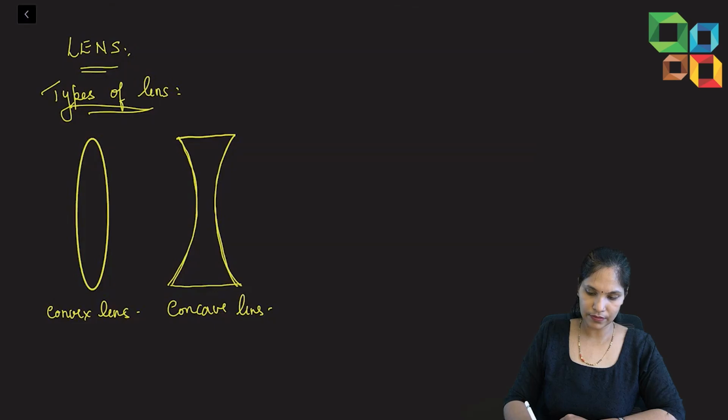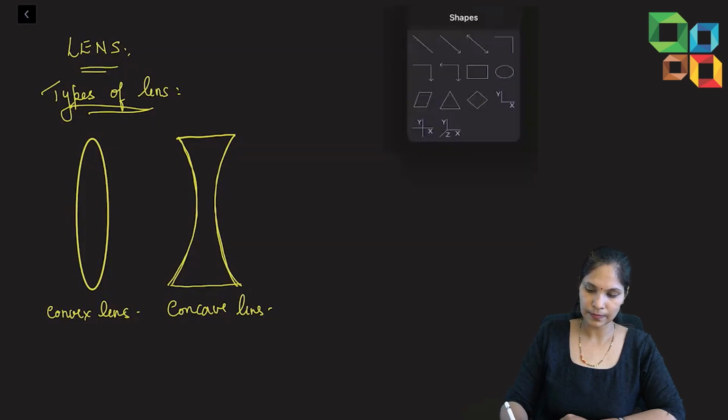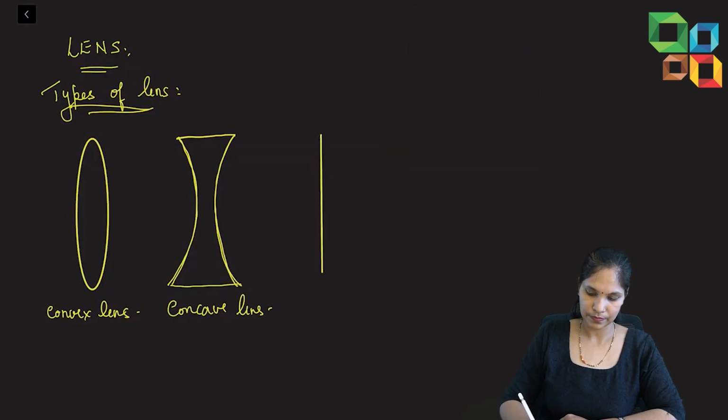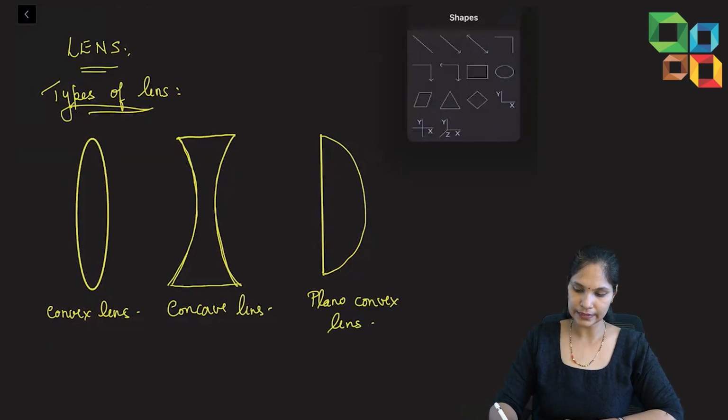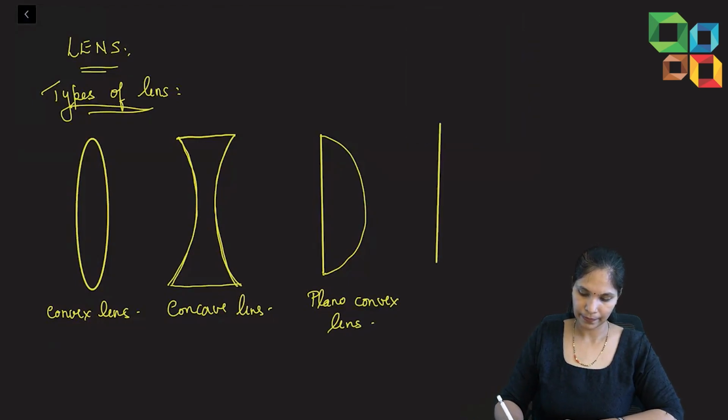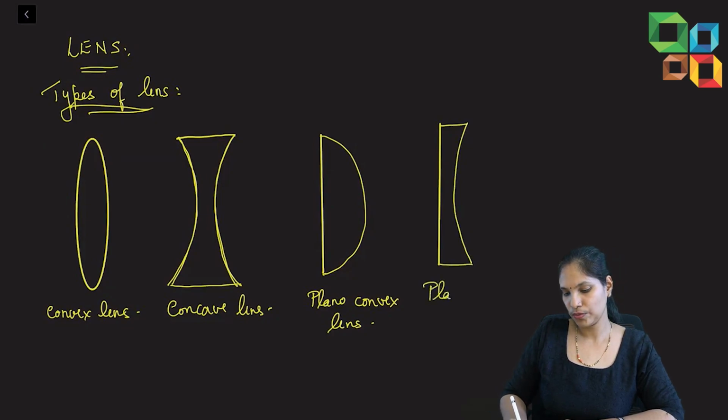Then we have a lens like this. It's called plano convex lens. Then we have a lens like this. This is called plano concave lens.